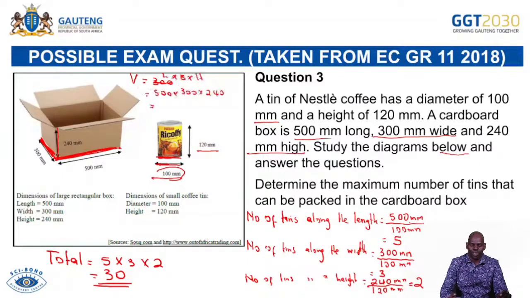So if I calculate the volume of the box, I get 500 multiplied by 300 and multiplied by 240. That is 36 million.